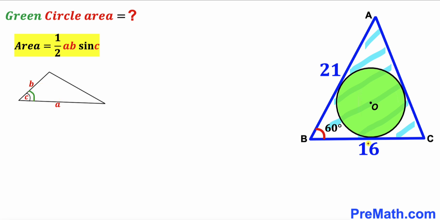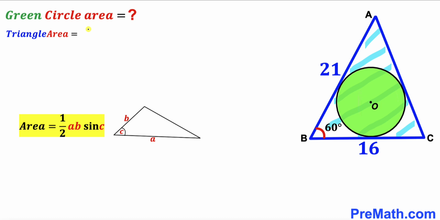In our case, the two side lengths of this blue triangle are 16 and 21, and the angle between them is 60 degrees. So the area of this blue triangle is a half times 16 times 21 times sine of 60 degrees.